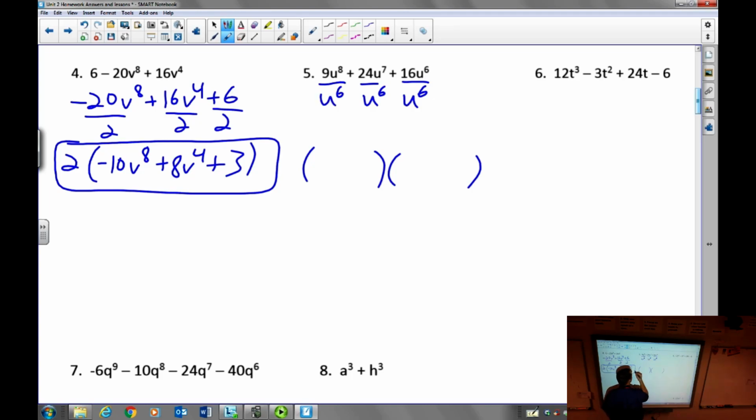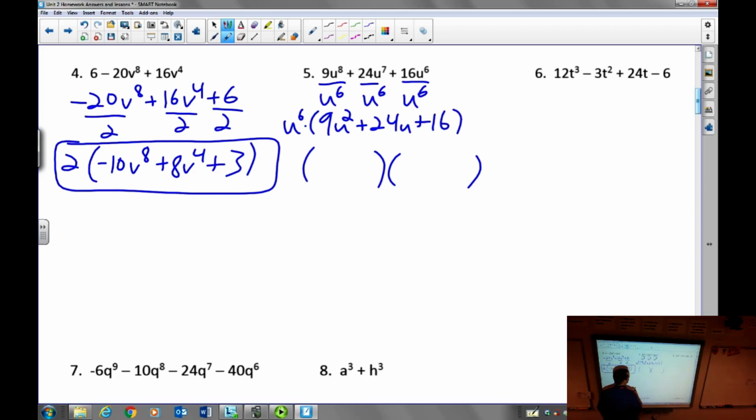So divide by u squared, divide by u to the 6, multiply by u to the 6th power, leaving us with 9. What's u to the 8th divided by u to the 6th? How many is left on top? Just 2 of them, so u squared plus 24u plus just 16.